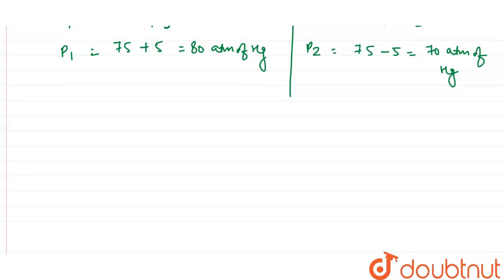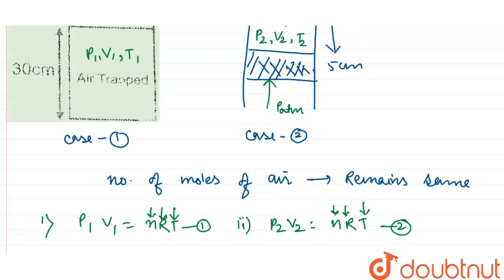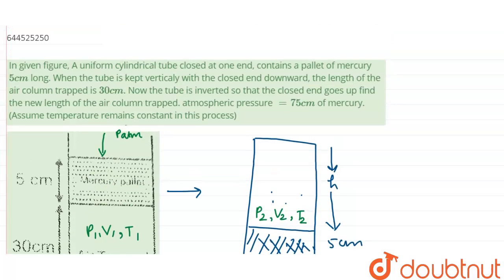And volume, how is volume given? V1 equals the volume of the cylinder. We have to find out the volume, and volume is area into length, area into whatever the height is.